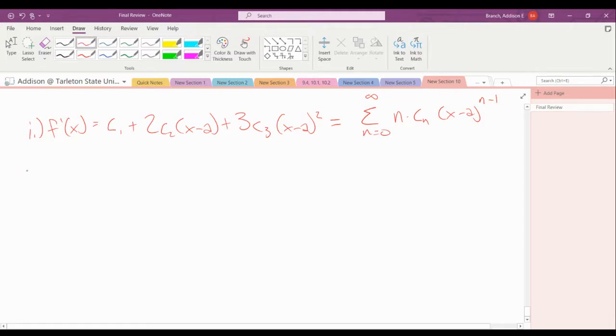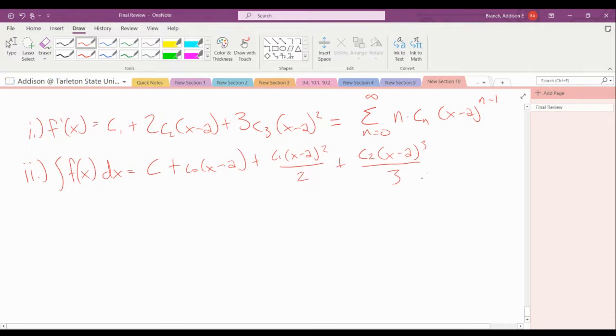And we can also go the other way. We can go ahead and actually integrate. So we can say the integral of f of x dx is equal to C plus c naught times (x minus a) plus c1 times (x minus a) squared over 2 plus c2 times (x minus a) cubed over 3, and so on and so forth.